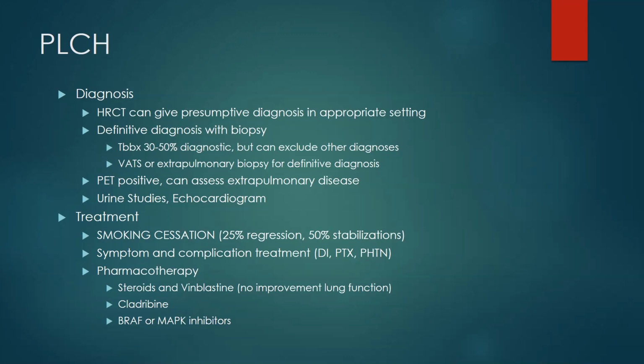What has been seen is cladribine more recently having about an additional 36% improvement, as well as 64% stabilization for pulmonary Langerhans cell histiocytosis in terms of pulmonary function parameters. And then if you still have progression, there have been case reports and I think even phase 2 trials of BRAF and MAPK inhibitors for those that have genetic predisposition for that.